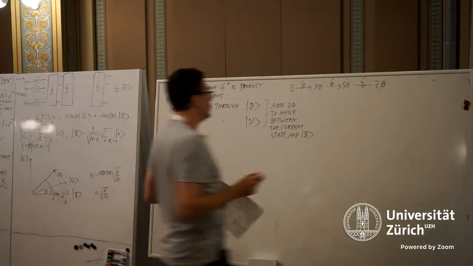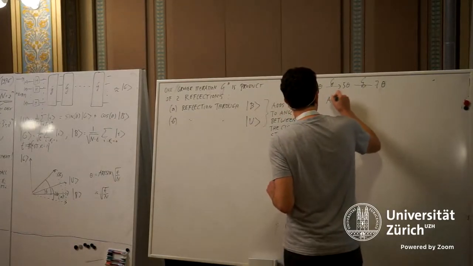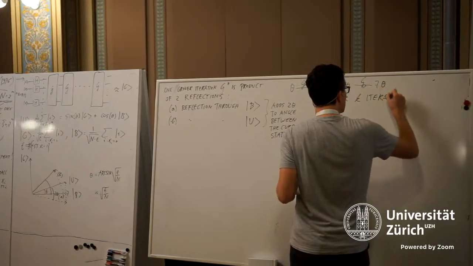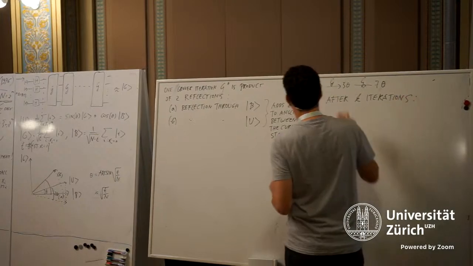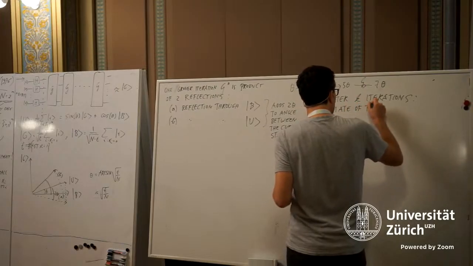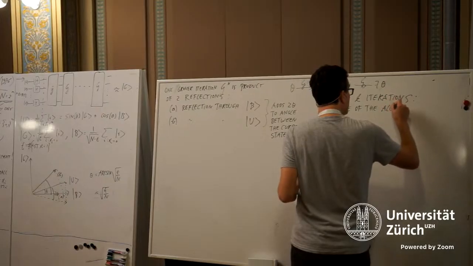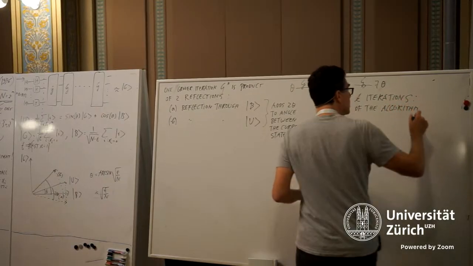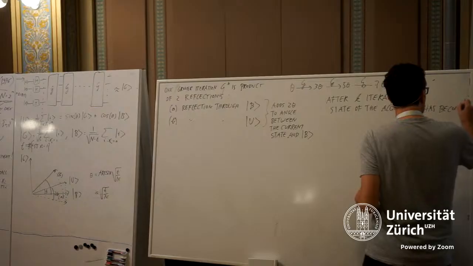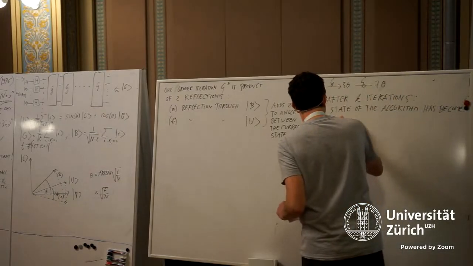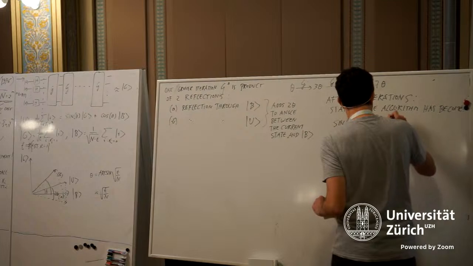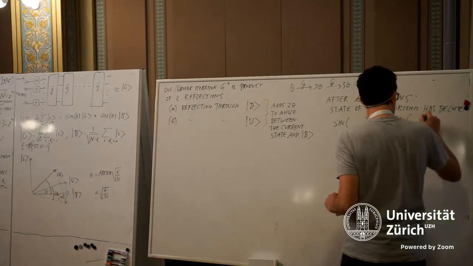So after k iterations, the state of the algorithm has become the sine of some angle times the good state plus the cosine of that same angle times the bad state.